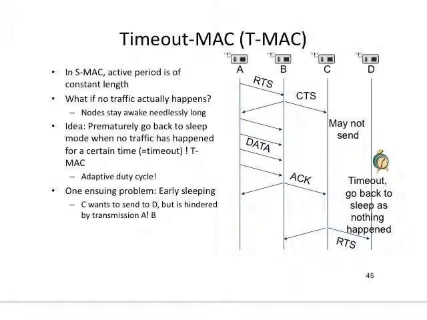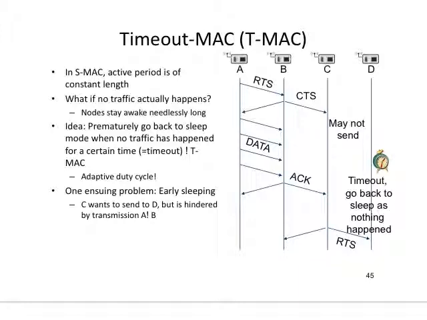TMAC, or timeout MAC, tries to resolve the issue that if we are in a very low traffic load, there is a very high chance that nodes go into an active period and stay for some period of time and are not receiving anything.